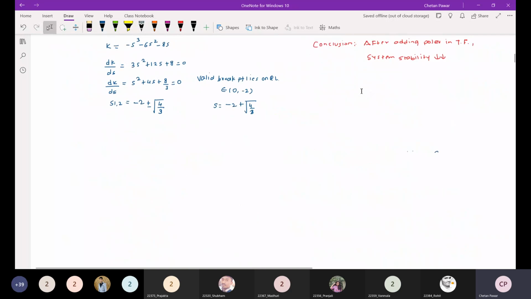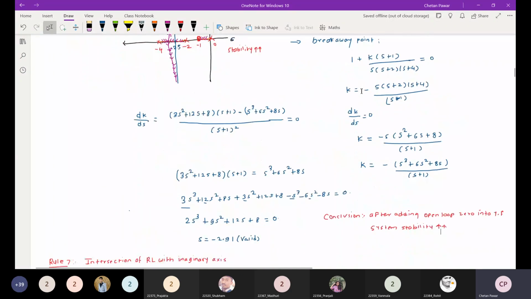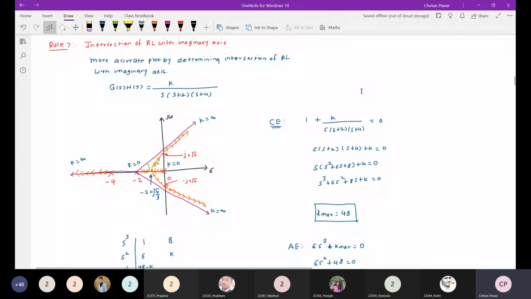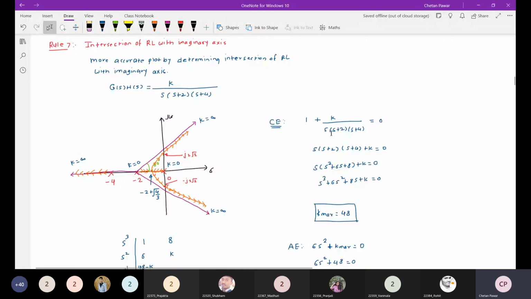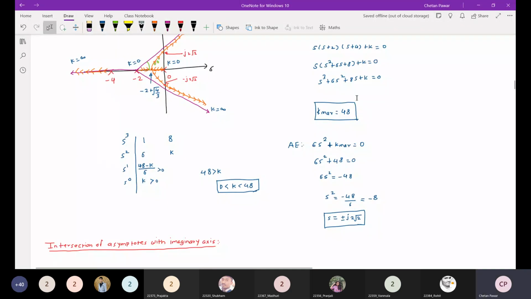To find that, we follow the characteristic equation, then we form the Routh table. Just by using the Routh table, we have found the gain at that point, K = 48.